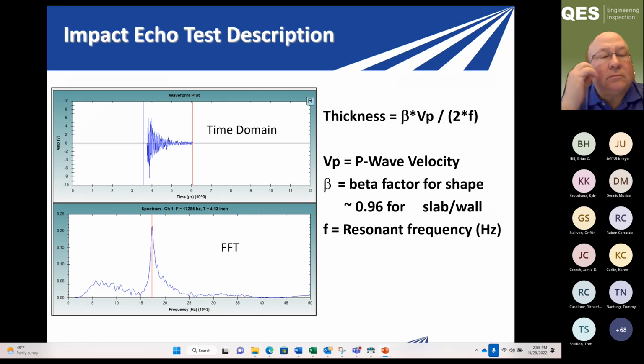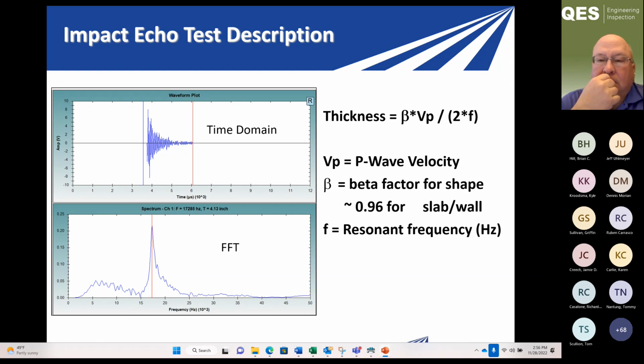This is showing some basic data from the impact echo method. The top plot is the time domain data, so it's time on the x-axis and amplitude on the y-axis, and that's the vibration data measured by the displacement transducer. If you test a pavement, whether it's concrete, asphalt, or any planar structure, the thickness of that structure is related to the velocity of the structure and the frequency by the equation shown there.